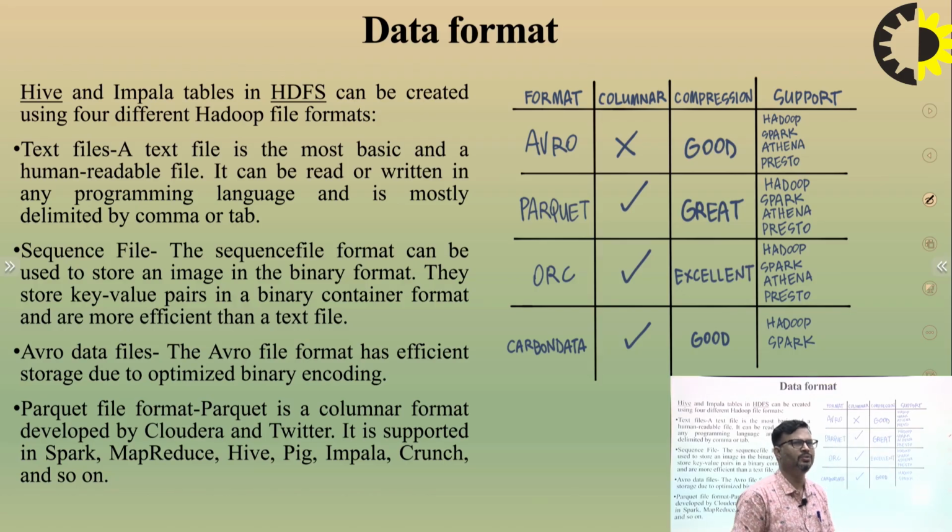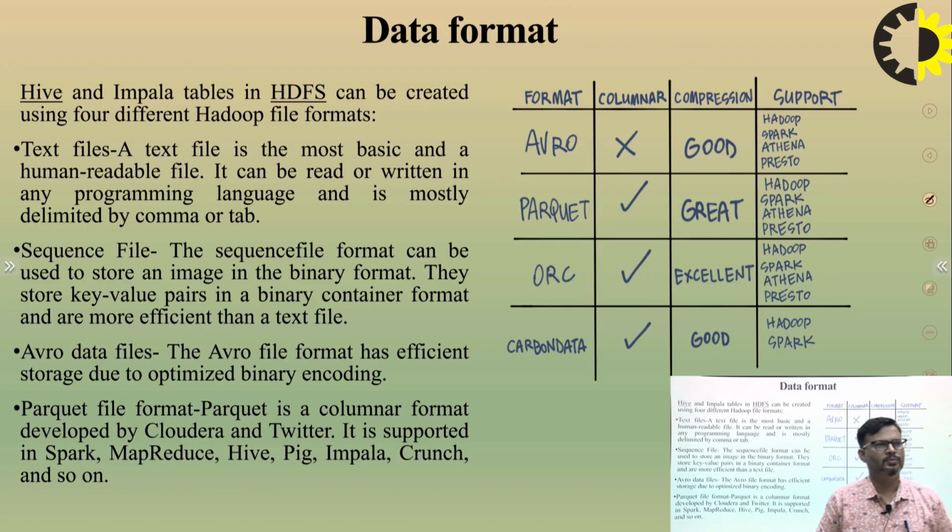Again, we will use a data format. In HDFS, we will use different types of data formats. Here we will use formats like Avro, Parquet, ORC, and CarbonData. Column-oriented is not available for Avro; Parquet we will consider, ORC we will consider, and CarbonData is also considered.